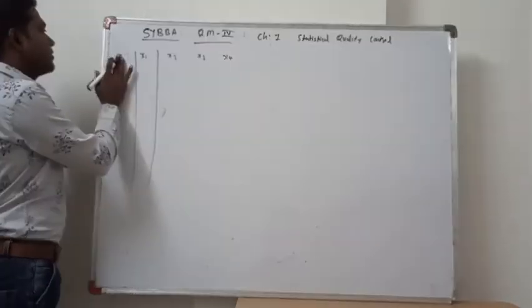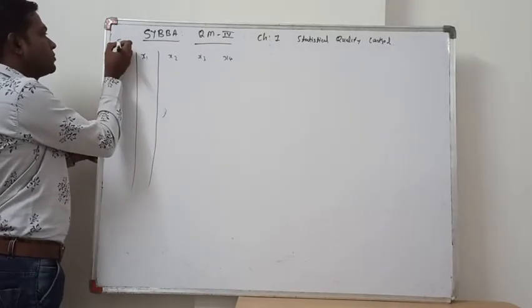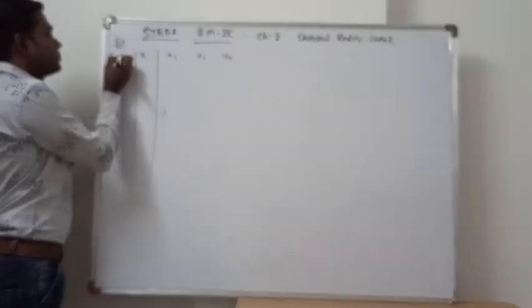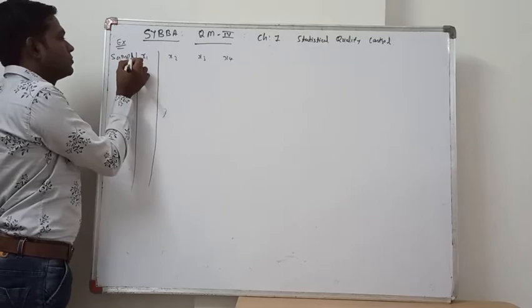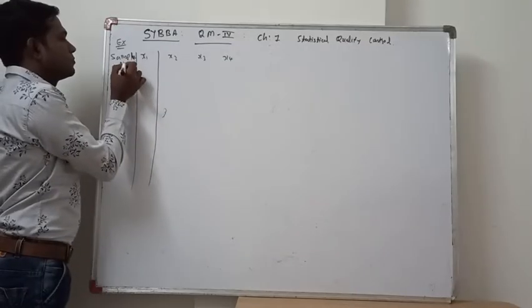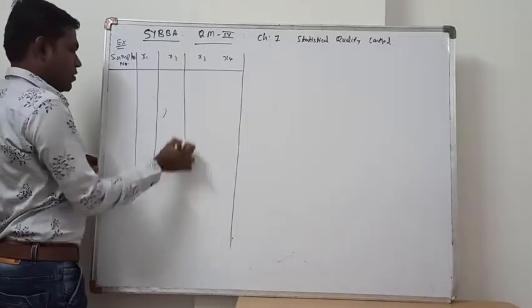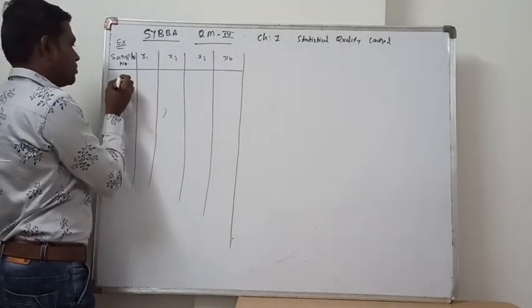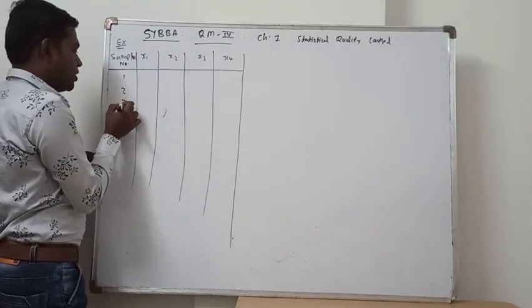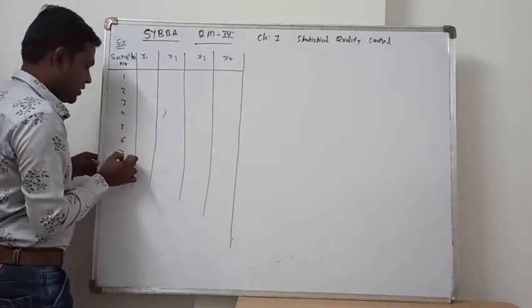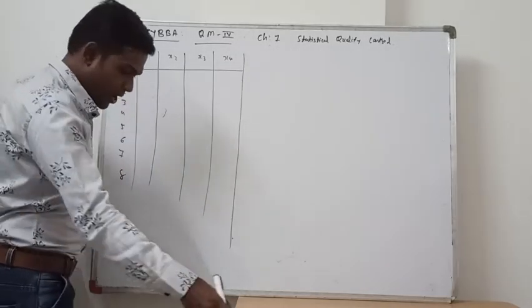The first column is the sample number, 1, 2, 3, 4, 5, 6, 7, 8. Total 8 samples we have to take.